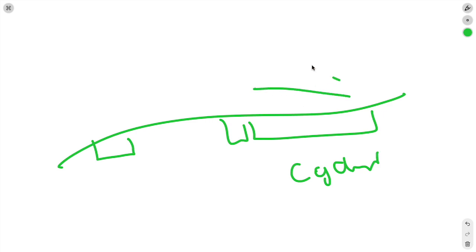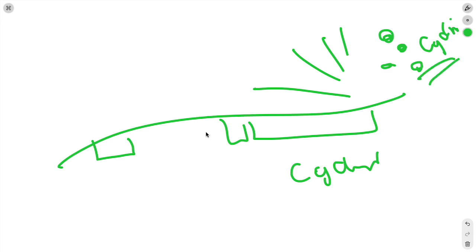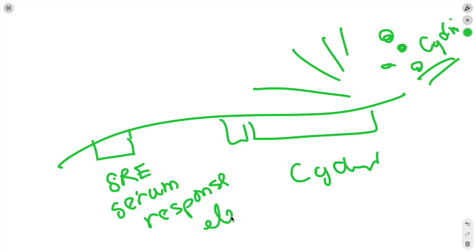And if we activate its expression, we'll have plenty of cyclin protein, and we will turn the light green and go into S phase. So here's the enhancer of this one, and this region, this enhancer is referred to as a SRE, and it stands for serum response element. And ELK's going to bind there.